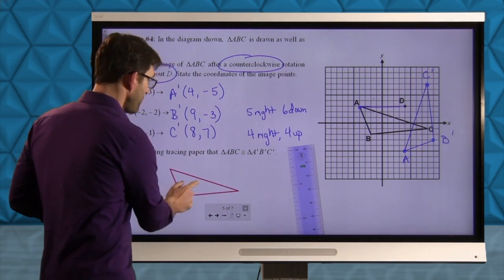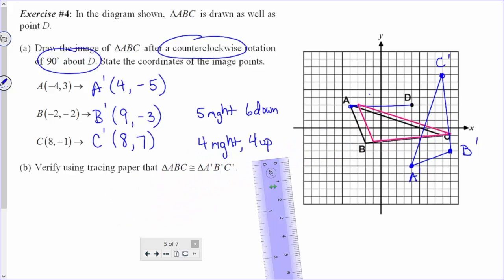So let's take a look, right? Here we've got this beautiful traced out triangle, and I want to see if that lies on top of here. Now, of course, in order to make it lie on top of there, I very well may have to rotate it some, right? And in fact, if I rotate it 90 degrees, it lies right on top of it.